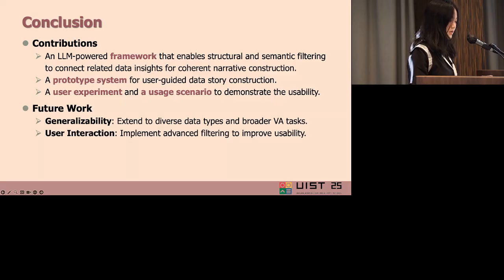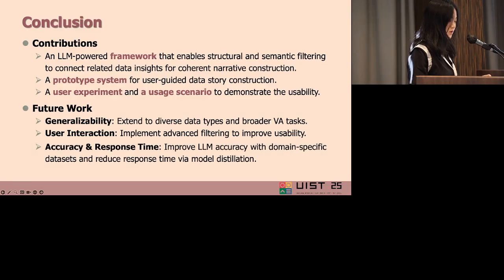We also aim to enhance our interaction by implementing advanced filtering techniques to improve usability, and we will work on accuracy and response time, improving LLM output with domain-specific datasets, and reducing latency through model distillation.